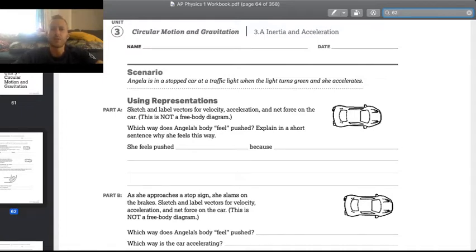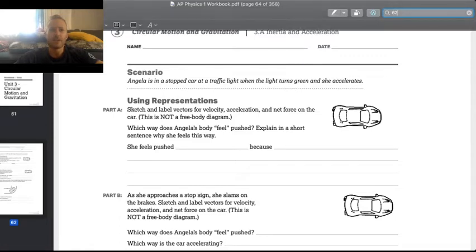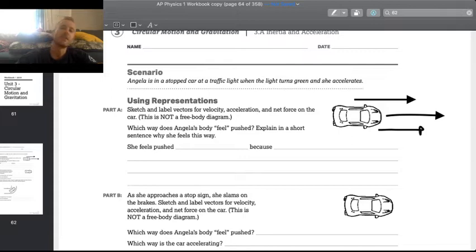So the car is going forward, so the velocity is going to be forward. She's accelerating forward, so the acceleration also points forward, and the net force is also forward. So all three are pointed forward. Which way does Angela feel pushed?